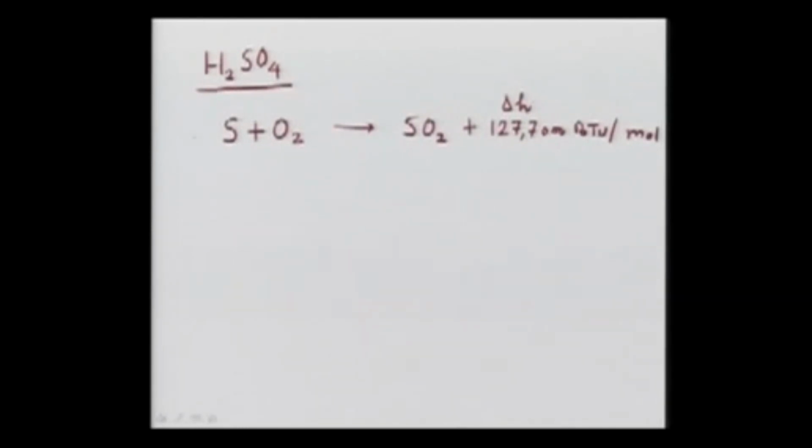The next step is that this SO2 that we produce must be converted into SO3. And this also produces heat, again let's call that delta H, a little less, but the amount is around 41,000 BTU per mole.